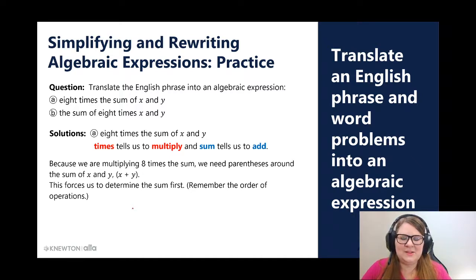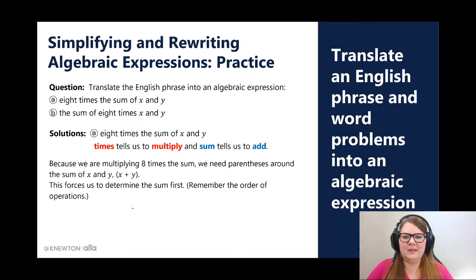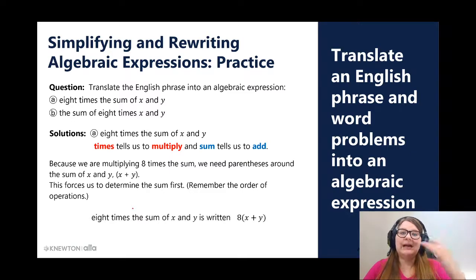So if we're doing something to a sum or we're doing something to a difference, that sum or difference has to be in parentheses. And then because we're doing 8 times that, we're going to put the 8 outside of the parentheses. So 8 times the quantity x plus y.